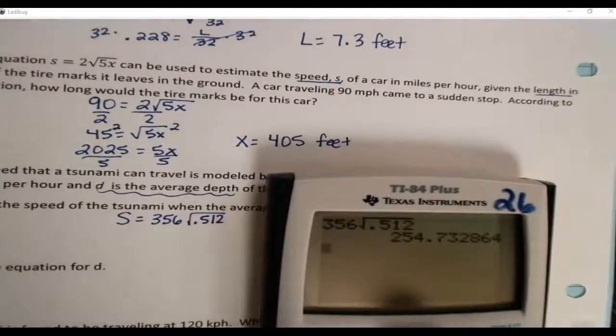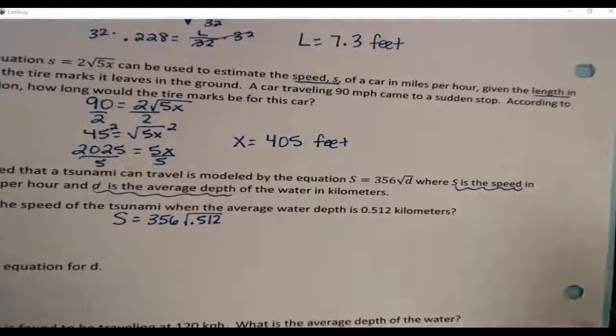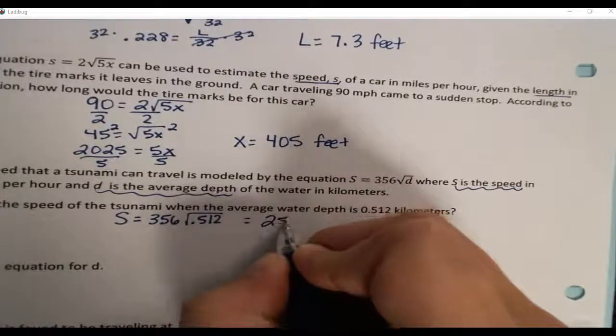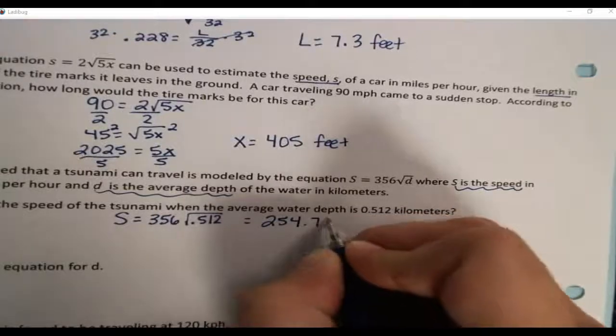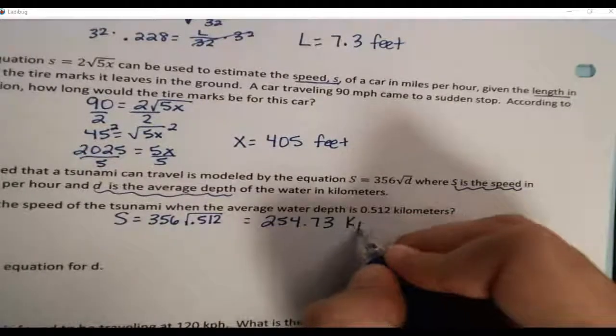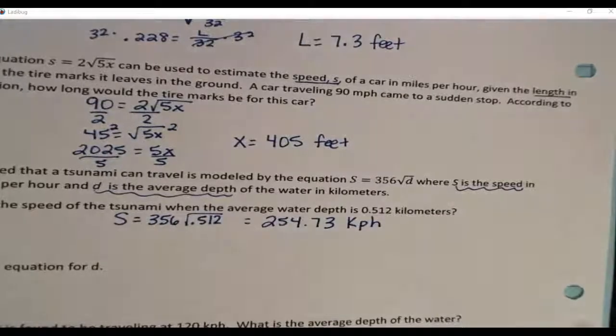So we get about 254.73. And what's our units? Good. Kilometers per hour. Very good. Questions?